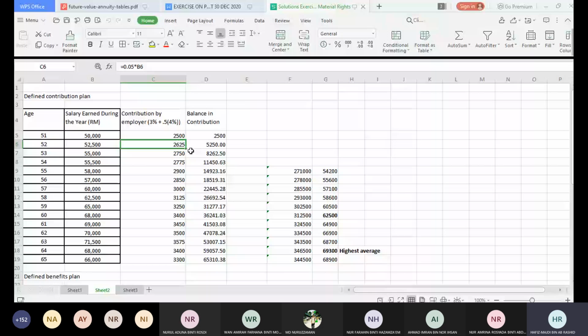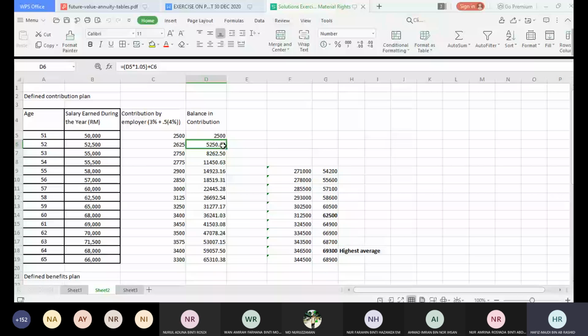Of course, whatever opening balance you have, you can invest. For example, the first year contribution of 2,500 could be invested, and that could make the balance of Mr. Ahmad's account grow. If you look into the question at the beginning before the table, the assumption of the expected return is 5%.